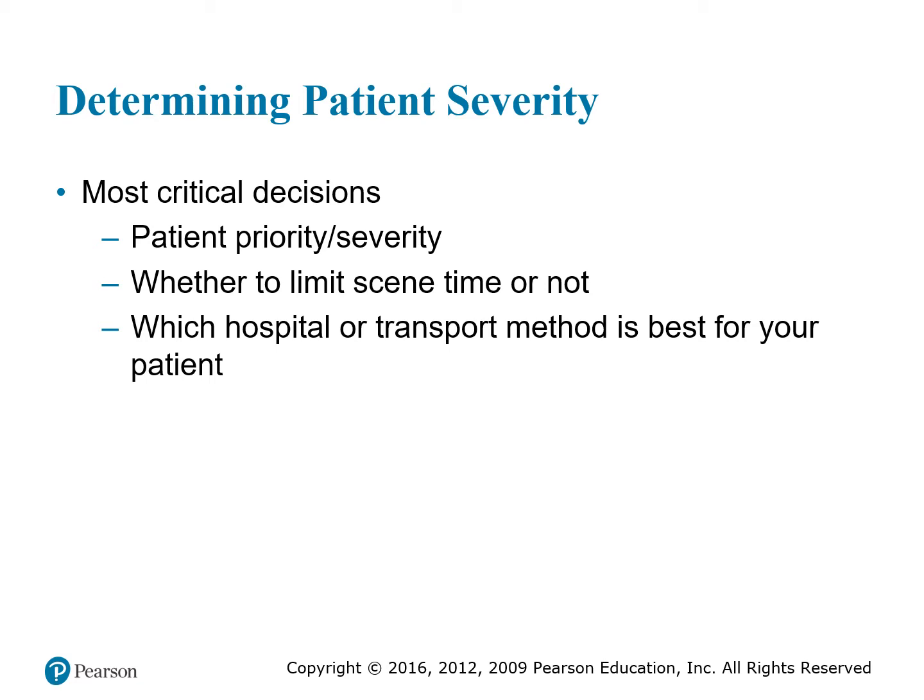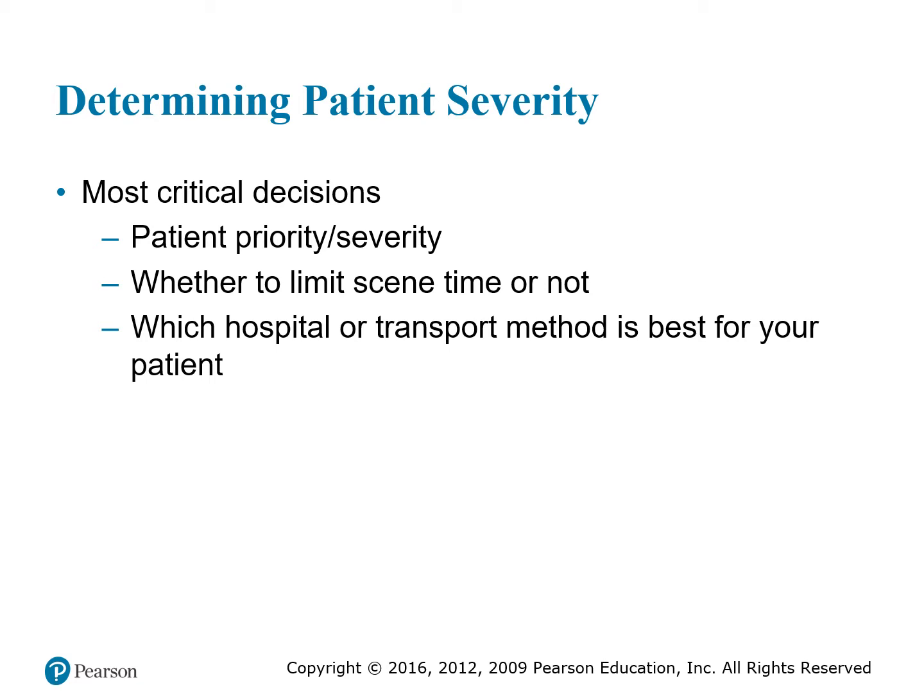So decisions like high priority can be like a yes or no question at this point. You see somebody that's been hit by a car, are they high priority? Yeah, probably, right? Right away, we're going to know that. We're also going to know right away whether we can stay and play on scene, or if we got to load and go.